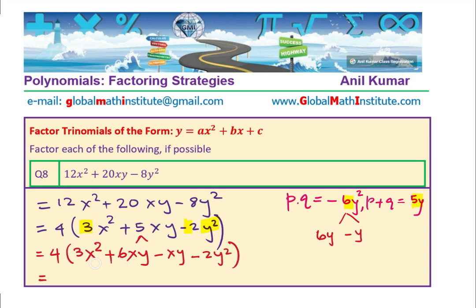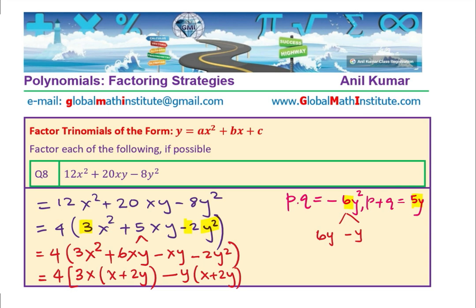Now, it's good to put square brackets here. And in the first two terms, you can take 3x common. So we have 3x common, and you get x plus 2y. And in this case, we have minus common, and we have y also common. And therefore, we have x plus 2y. Is that clear to you? And that gives you the solution.